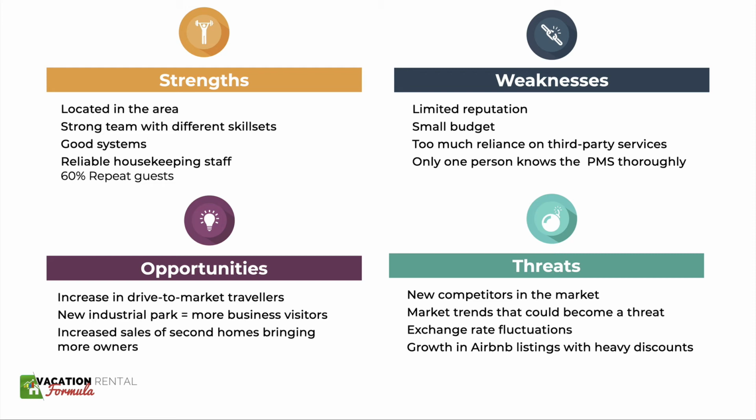The fact that this company is located in the area, it's not remote, means that the principals or the people who run this company are able to go and visit the businesses within this industrial park, make an appointment, go and visit the people that arrange accommodation for executives that perhaps come in and stay. That is a great way of using a strength to maximize and take advantage of the opportunities.